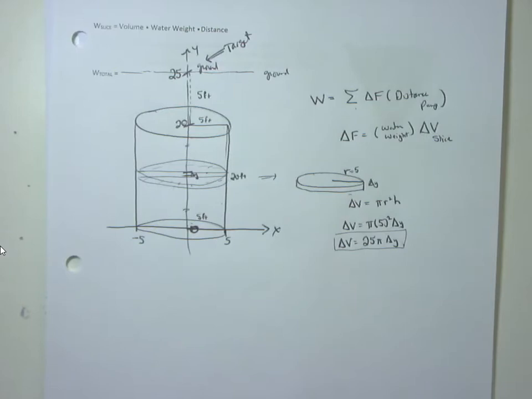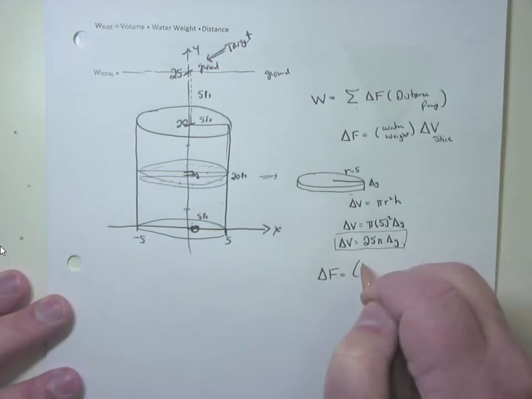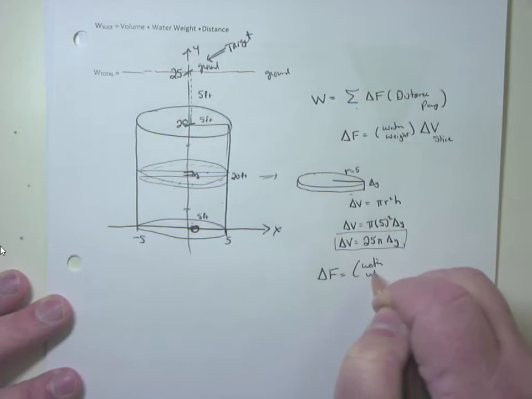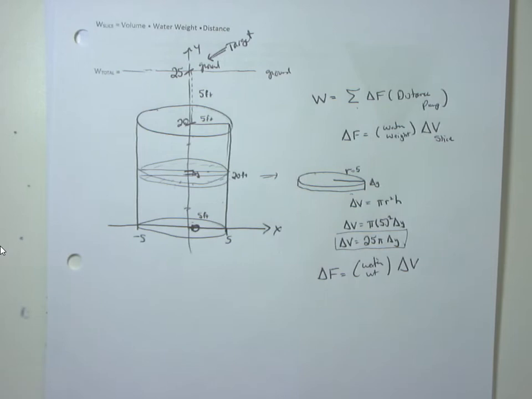Now, delta force is equal to water weight times your delta volume slice. What does water weigh in this problem? Very important. Pay attention to units. This is how you pass a physics class. This is also how you're going to pass the calculus class in terms of these kind of problems.